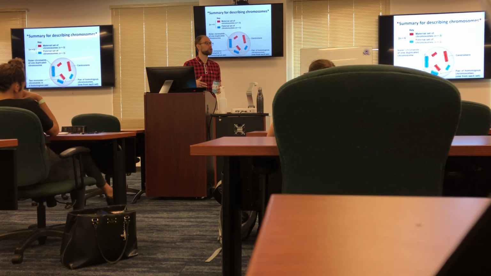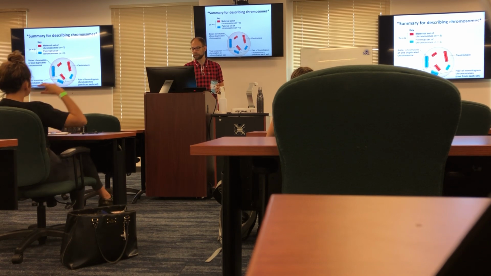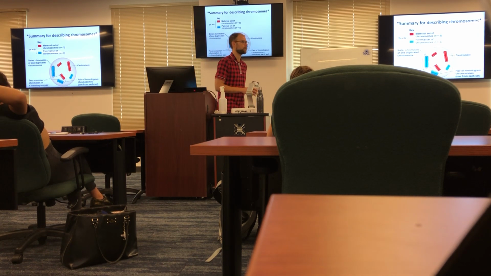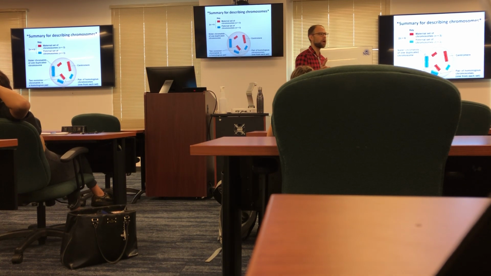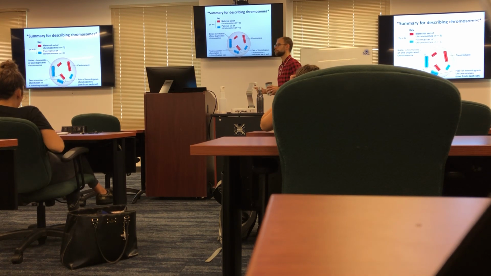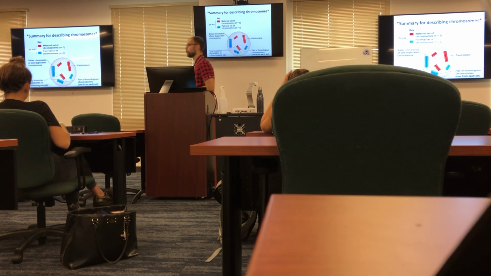Homologous chromosomes would be like grouping this one here together with this one here. Or as the slide says, you're grouping these two intermediate sized chromosomes together. So the two new pieces of terminology we're adding here are non-sister chromatids and a pair of homologous chromosomes.